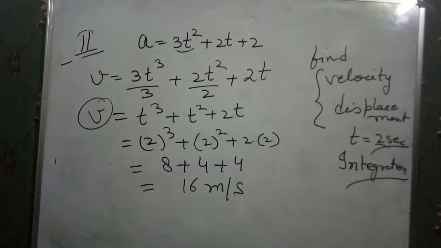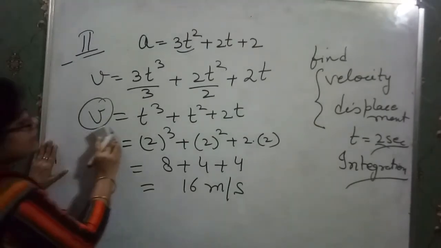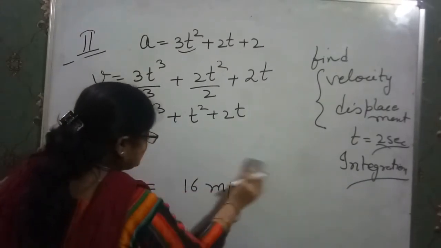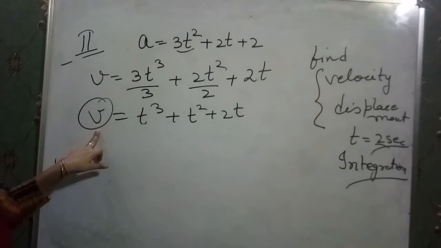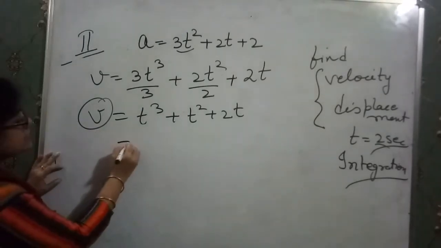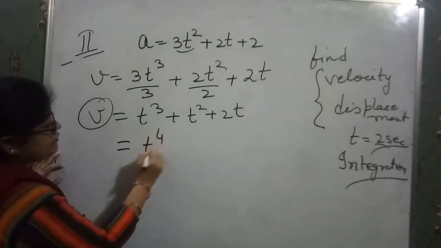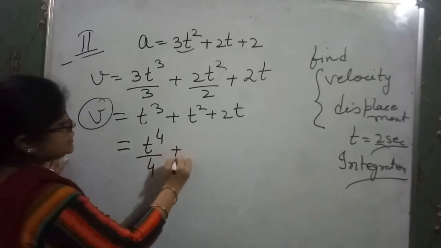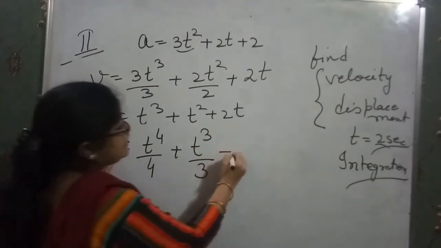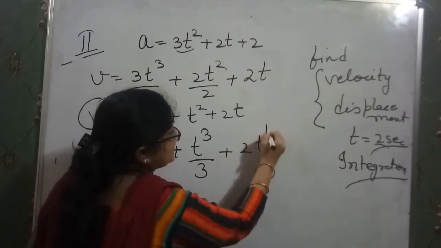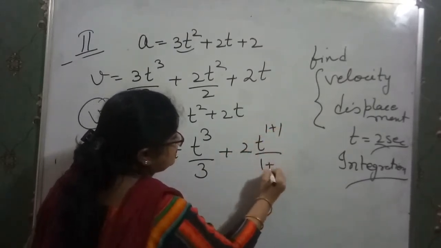Now I am going to show you how you will find the distance covered in 2 seconds. For that we integrate the velocity. That means we have t to the power 4 over 4, t to the power 2 plus 1, that is 3 over 3, and 2t to the power 1 plus 1 over 1 plus 1.